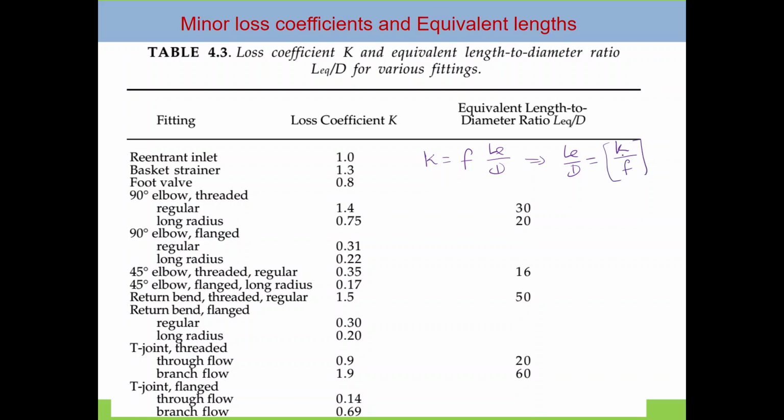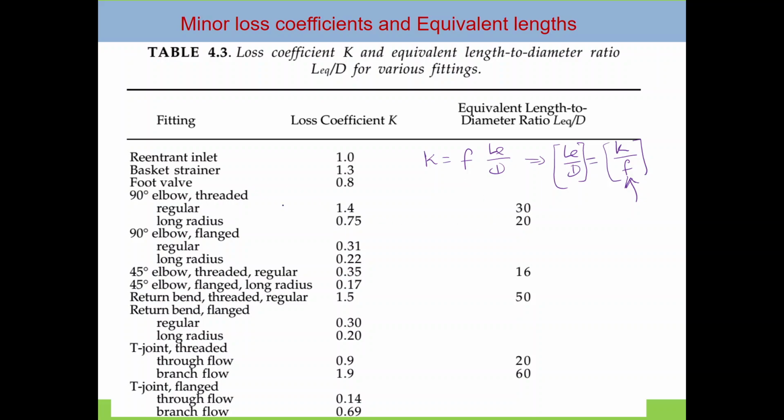So if you know the K for any fitting, and you know the friction loss coefficient for the system, we can represent that in terms of LE over D. Here we have to make a certain approximation that the friction factor is not varying too much.